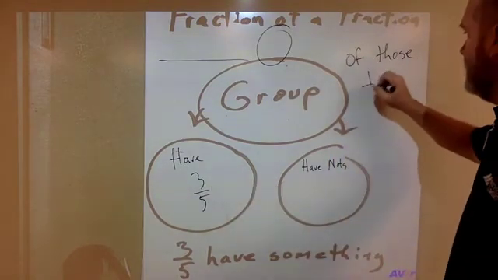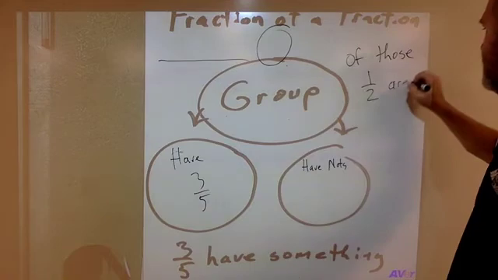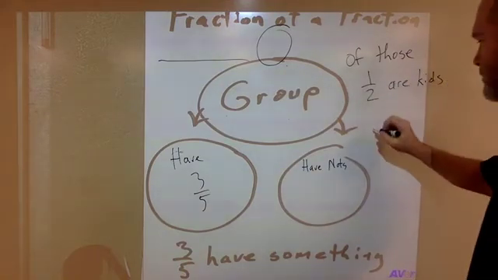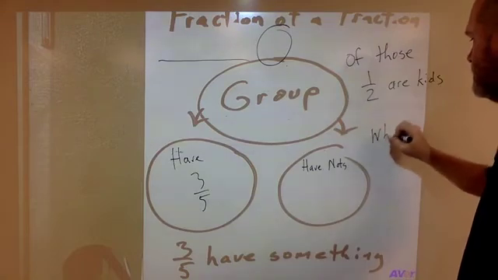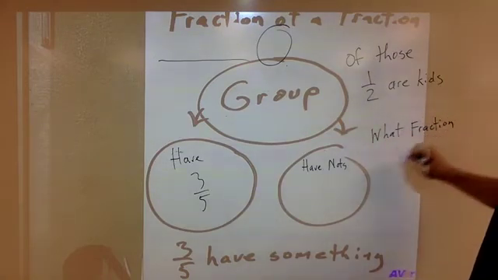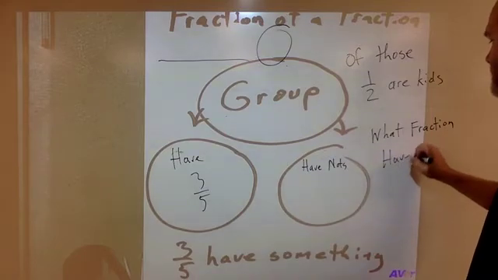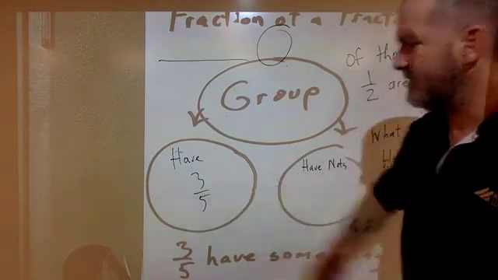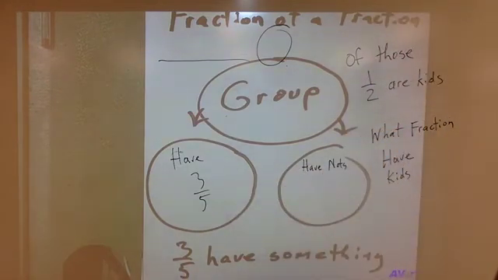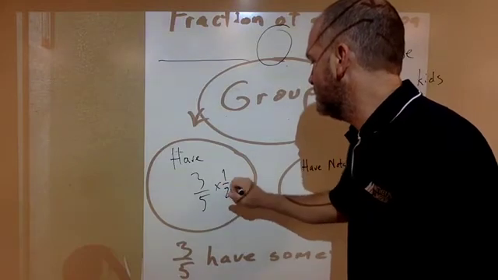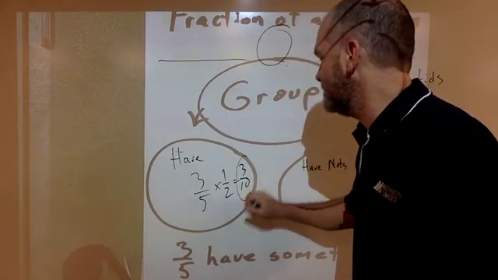Of those, half are kids. So then it would ask what fraction have something and are kids. It would be half of that 3/5, which is 3/10. 3/5 times a half is 3/10. So that would be your answer to this one.